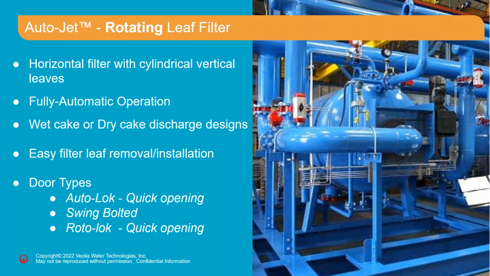These filters have a door that once you open it, you have easy access to each of the filter leaves for either inspection or maintenance. Auto-Jet filters typically come with three types of doors. We have the auto-lock door, swing bolted, or the roto-lock door. Both the auto-lock and roto-lock have the quick opening feature.